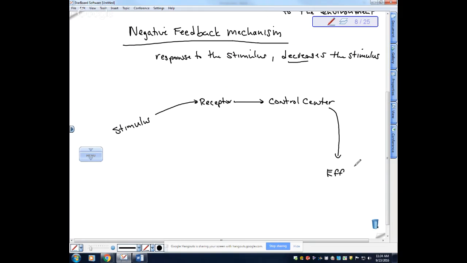So think receptor, think effector. And then the effector decreases the stimulus. Actually, sorry, response, we'll put response. Decreases stimulus. Right? And so we have this feedback mechanism that helps to maintain a set point.